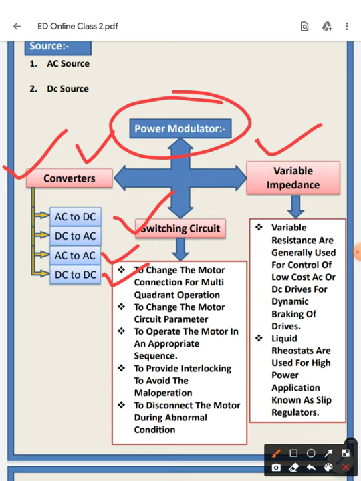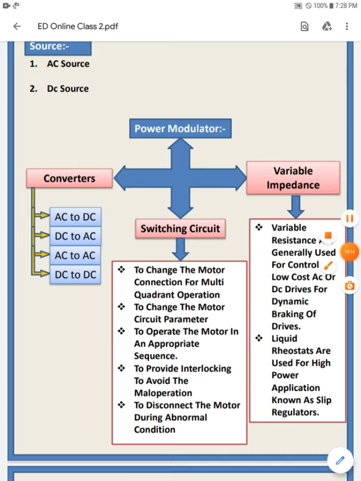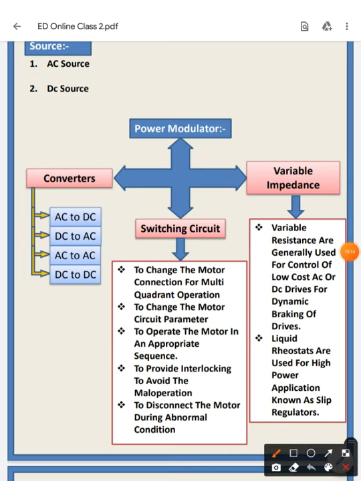And for variable impedance, what is its function? In variable impedance, we change the input fixed voltage into variable output voltages. For low cost AC or DC drives, you connect a rheostat or lower value resistances. And for high power applications, we can go for the liquid rheostat. The third one is the switching circuit.